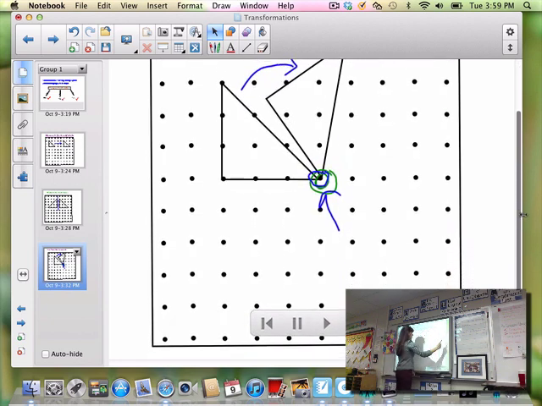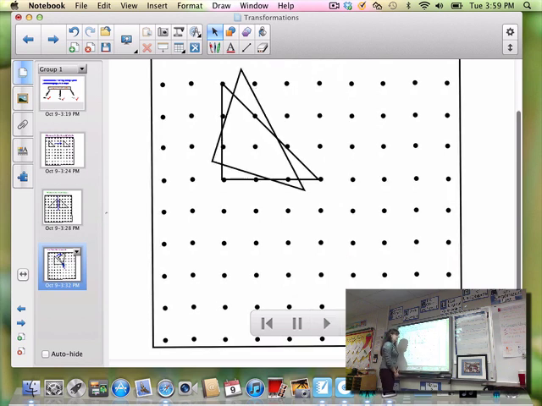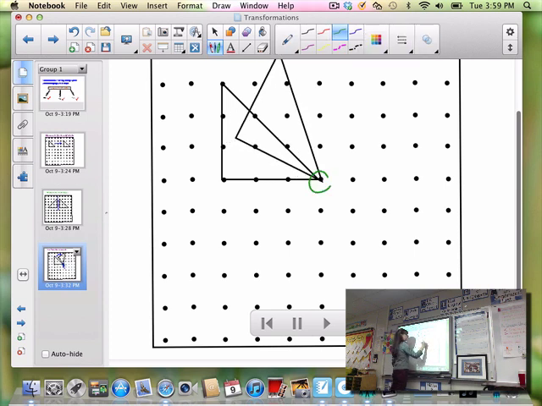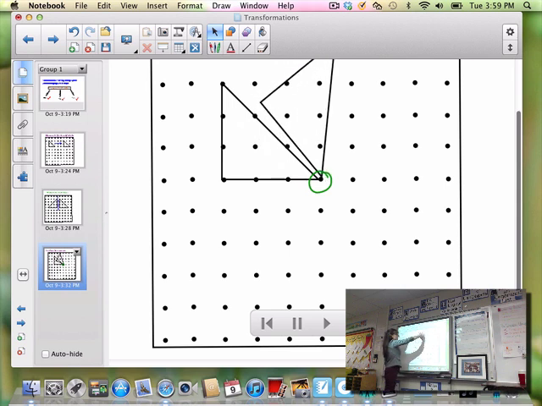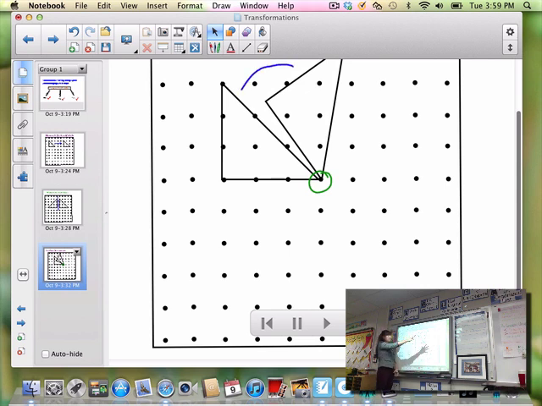We can watch this right triangle being turned, and I caution you that it was a struggle to get the smartboard to illustrate this, but if you could imagine, and bear with me, this right triangle being turned about the point that I just circled in green, and we are taking it from its original position, moving it in a clockwise direction about the point circled in green, so that we are left with the transformation of this triangle being moved through space by being turned in a clockwise direction, just like the blue arrow is pointing to now.